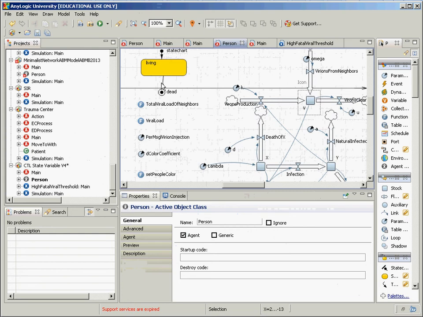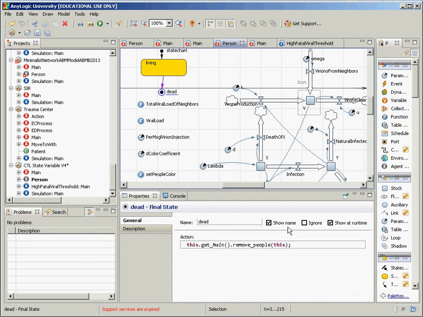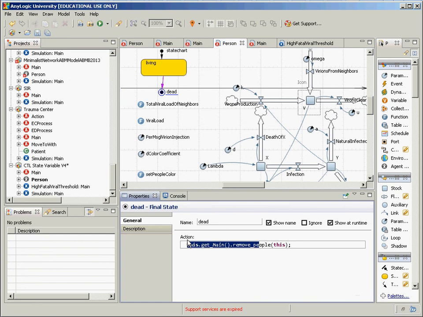What sort of transitions does AnyLogic support? Is this a message transition? A condition, yeah. If we look at this, there's a condition: if the viral load is greater than a certain viral level threshold, then a person can die. Yes, they are removed from the population at the time that they die. We've seen that before.